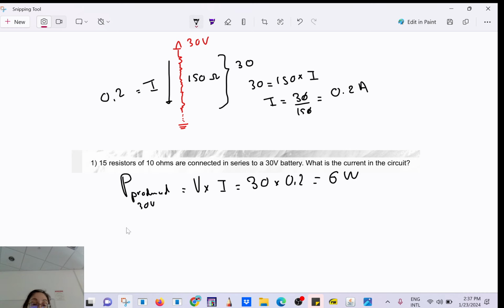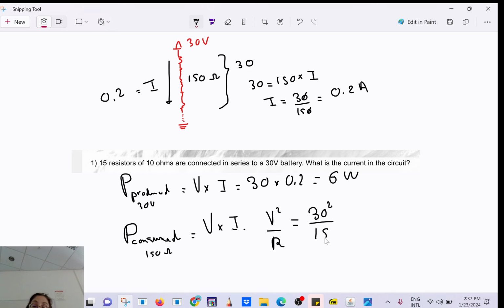Let's see if I can use all my other equations. Let's see the power consumed by my 150 ohm. I can say it's V times I, but I can also say that it's V squared over R. Let's check. What's going to be the voltage across my resistance here? 30 squared divided by 150, you get 6 watt.